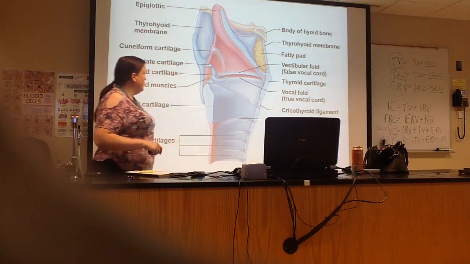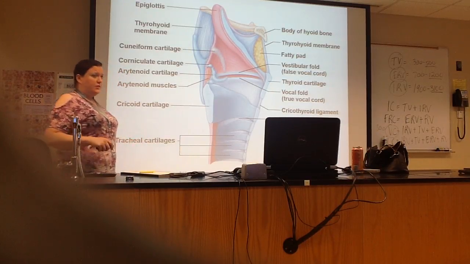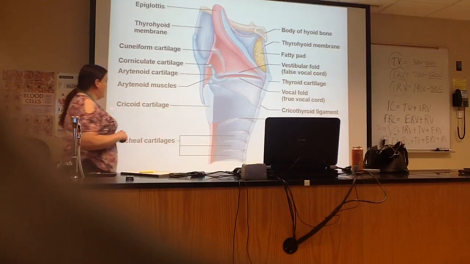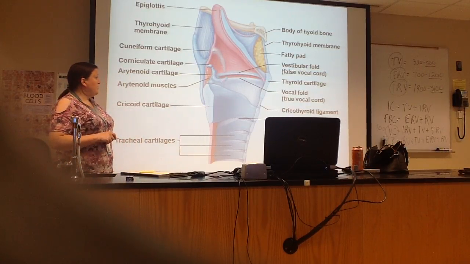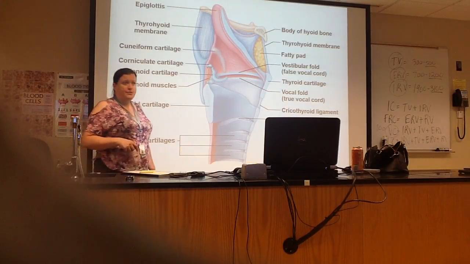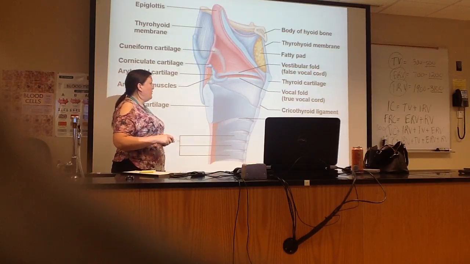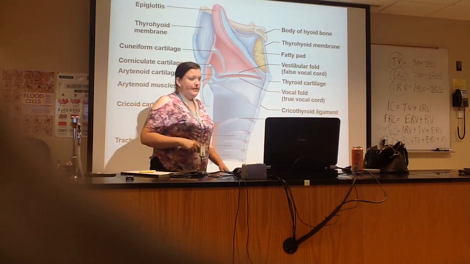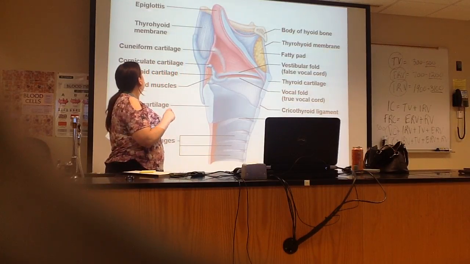On this view, again, the big one in front, thyroid cartilage. The ring under that, cricoid cartilage. What are these folds here? Vocal cord. True vocal cords. And then these further up are false vocal cords. And then this flap here is the epiglottis.